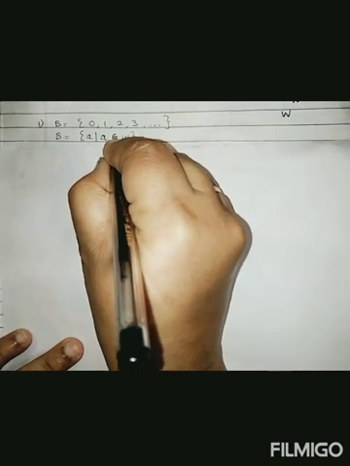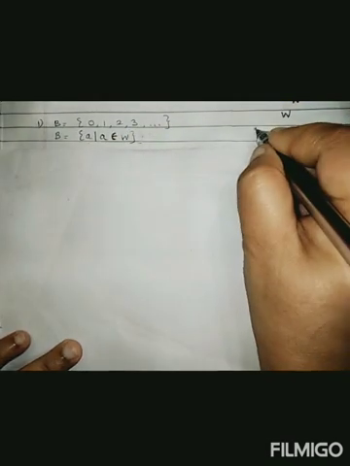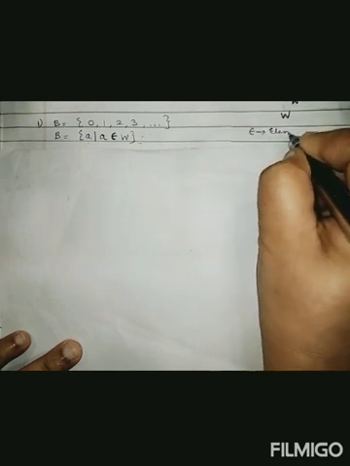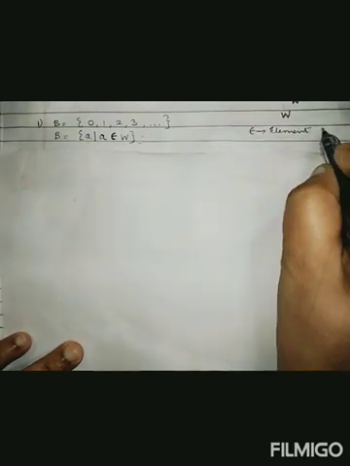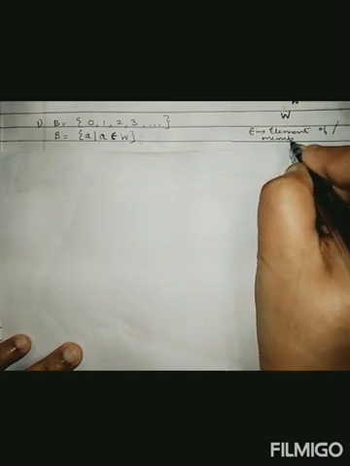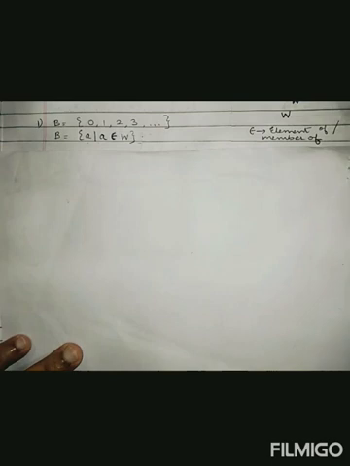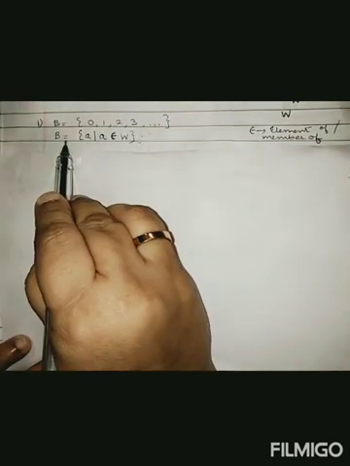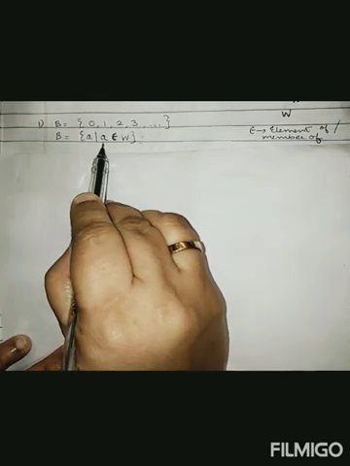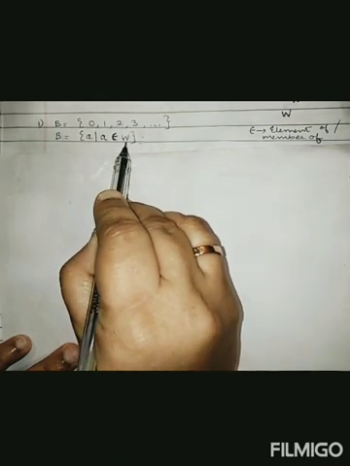This symbol stands for element of or member of. So B is a set of all A such that A is an element of whole numbers.